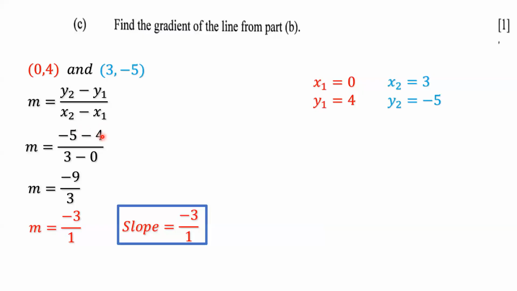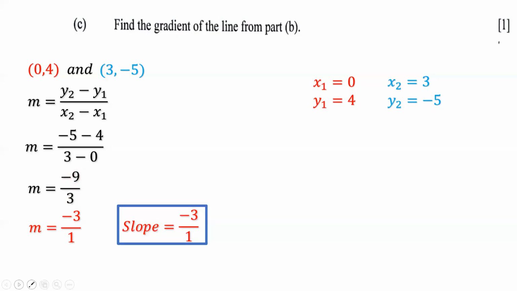We subtract them. x2 is 3 and x1 is 0, and we subtract them as well. So -5 minus 4 is -9, and then 3 minus 0 is 3. And so we do -9 divided by 3.